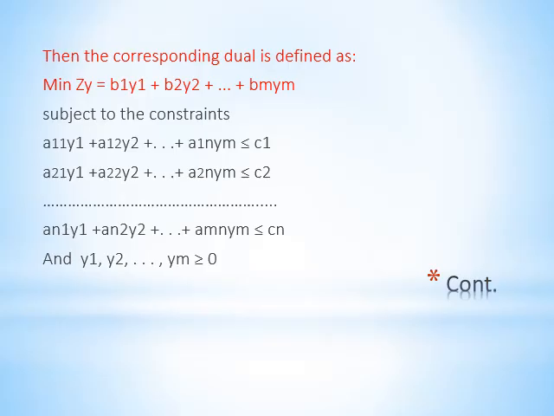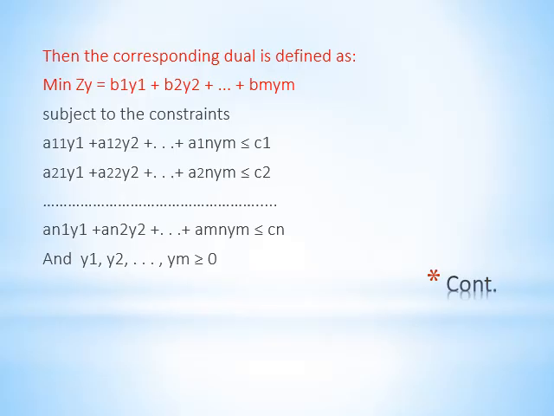Now, as you remember, B1, B2, Bm were constants at the right side of the constraints of the problem of maximization.